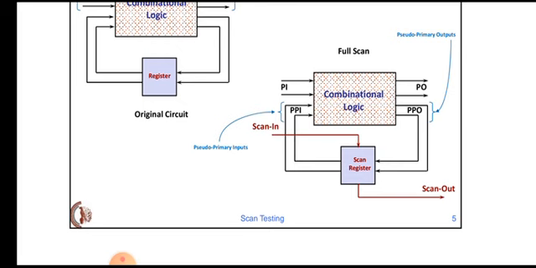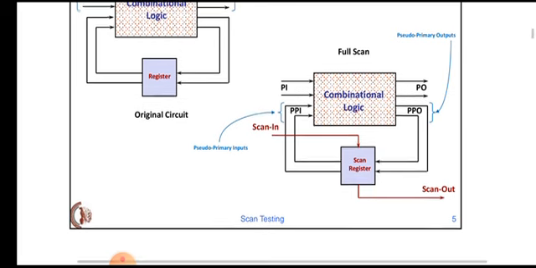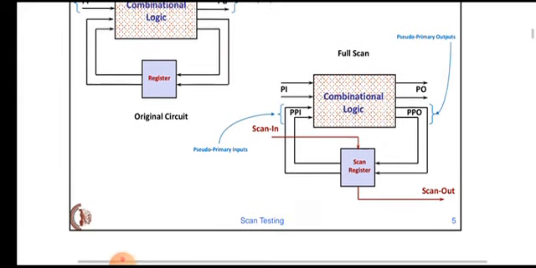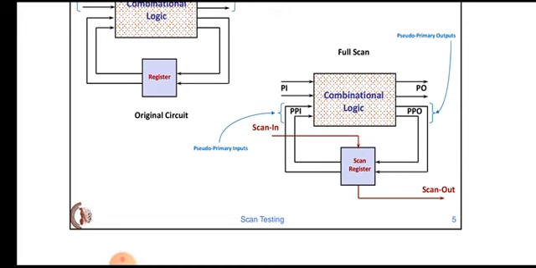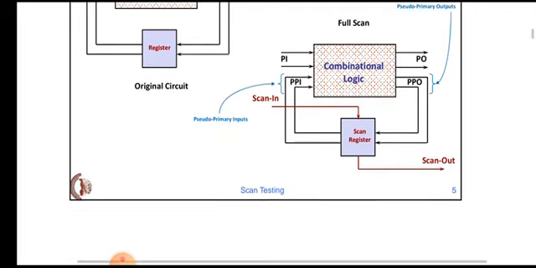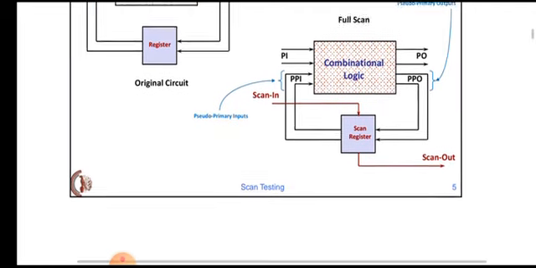But if we are providing the feedback path, that is a scan register, which includes the latches or the flip-flops, we are using it as a primary input, that is a pseudo primary input. So we are getting the output as a PPO, meaning the pseudo primary output, and ultimately the scan register gives the output as a scan output.